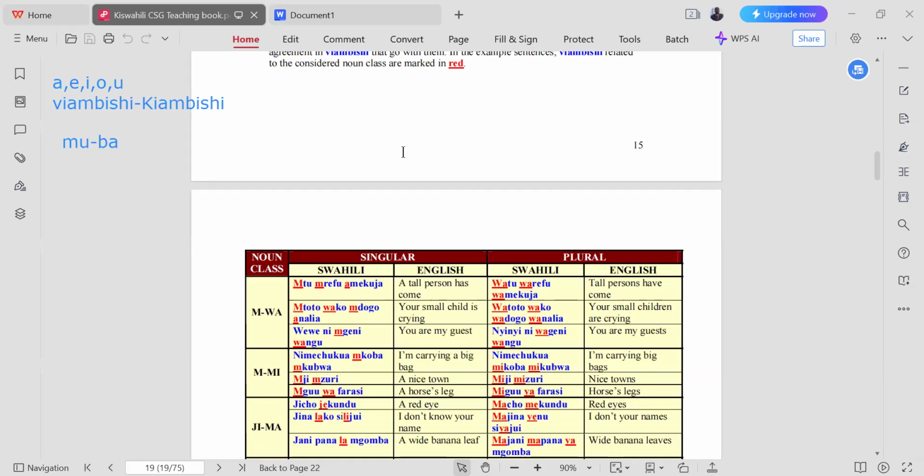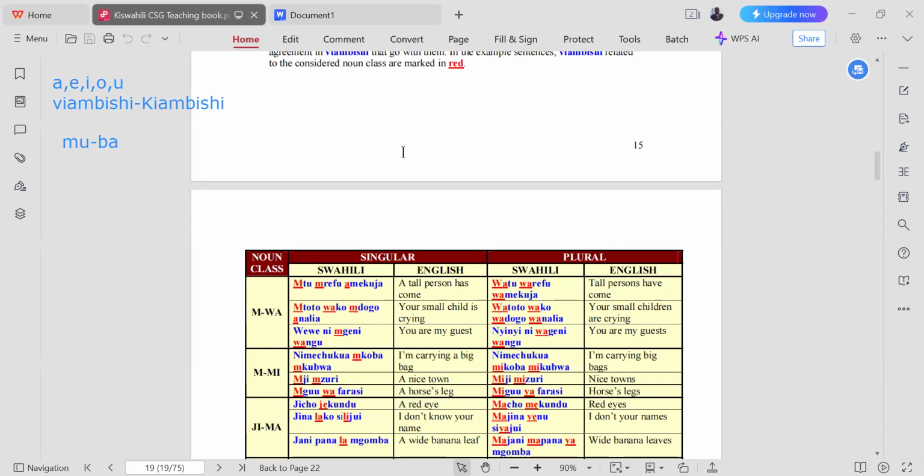Then there's the second classification, which is M-mi. Like when you say mji, it is M and the plural is mi. So mji is miji. Mguu is miguu.